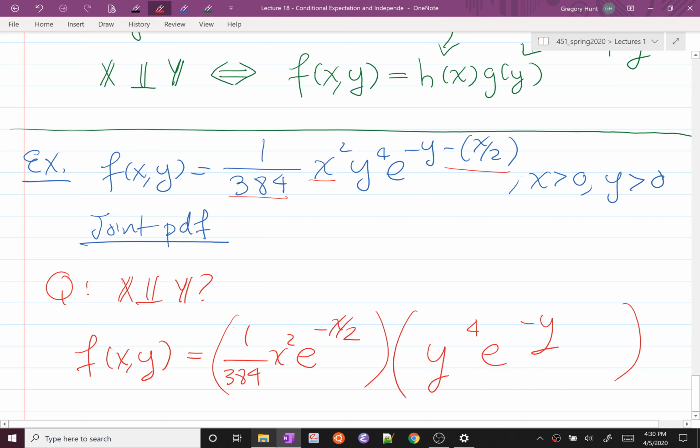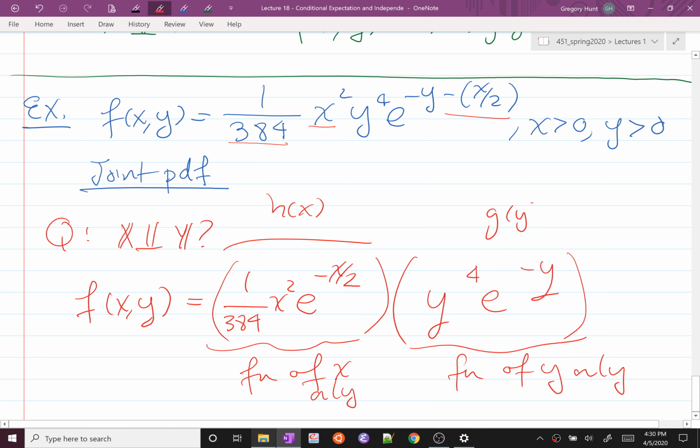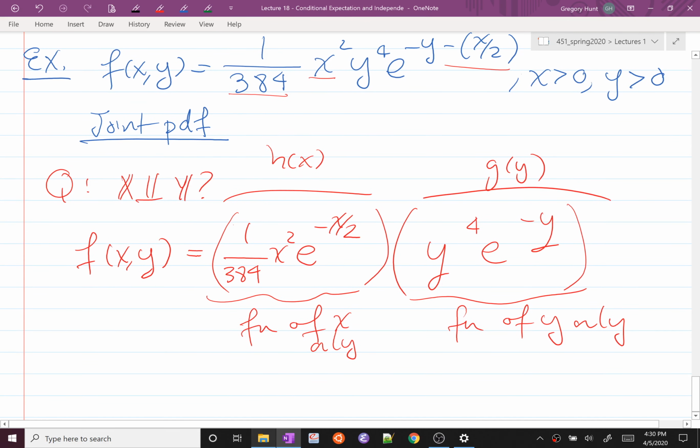So we all agree that we can write it that way. I've factored it into some function of x only and some function of y only. Above I called these h of x and g of y; it doesn't really matter. Because I can do that, x is independent of y.